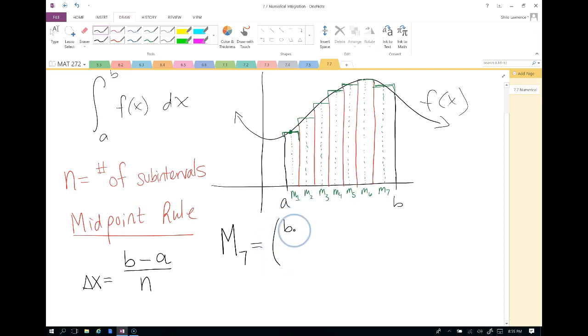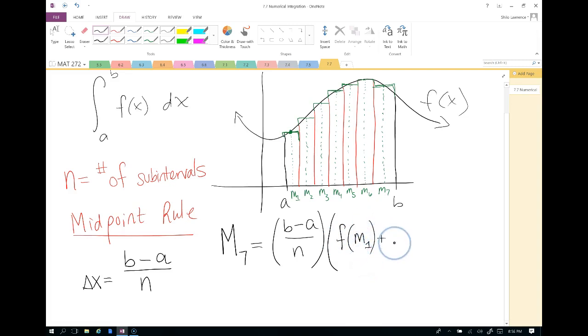Remember, the area for a rectangle is width times height. So I've got b minus a over n. That's the width for one of my rectangles. And then I need to multiply it by the heights of each of my rectangles. For my first rectangle, my height is the functional value at my first midpoint.